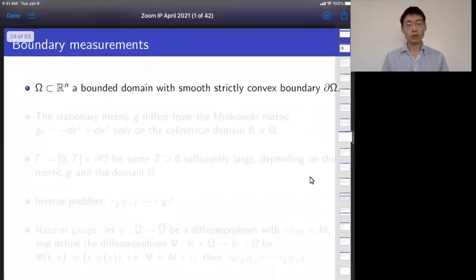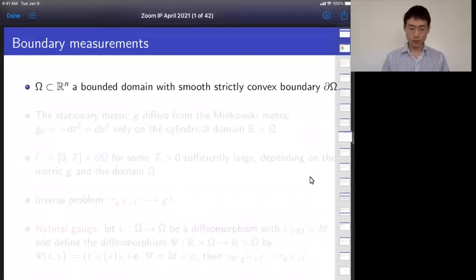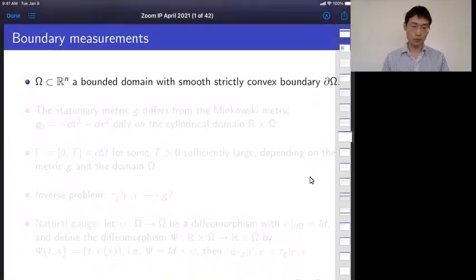All right, with this we can define the corresponding boundary measurement for our problem. As the setting, we define the Lorentzian metric on the whole R^(m+1). But if we want to make a measurement, we want to restrict to some bounded domain so that we can make the measurement on the boundary of the domain. So we let omega be some bounded domain in R^m with strictly convex boundary with respect to the standard Euclidean metric.